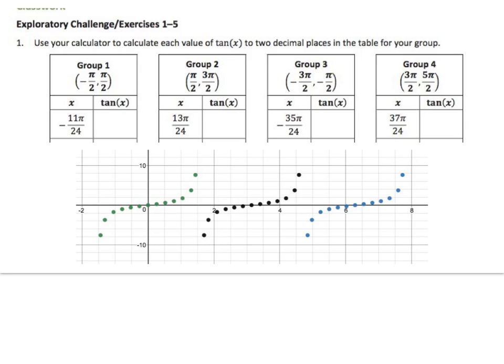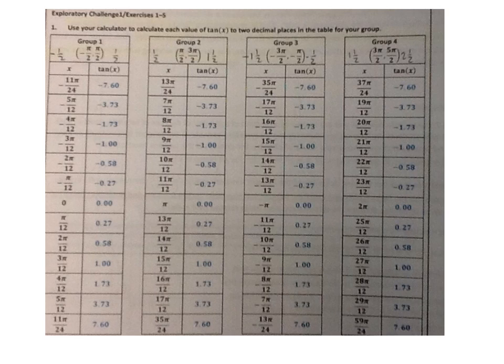You have gobs and gobs of tables to fill out in your classwork. I've done a few of them for you. Actually, let me add in a slide. Here is an answer to groups 1 through 4, and the next slide will be groups 5 through 8.